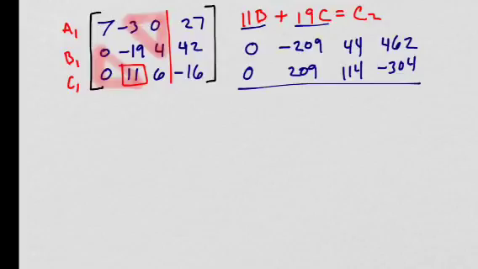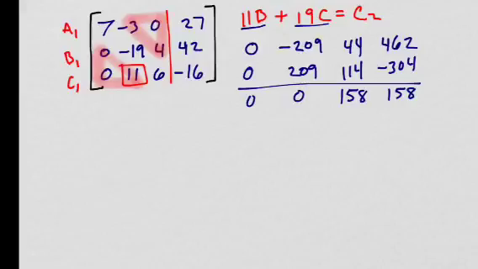Now we add: 0 plus 0 is 0, negative 209 plus 209 is 0, 114 plus 44 is 158, and 462 minus 304 is also 158. Now that's significant, because remember we said that at any time I can multiply or divide a row by the same constant number.